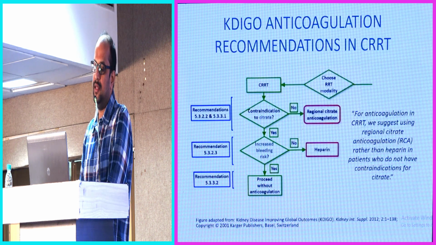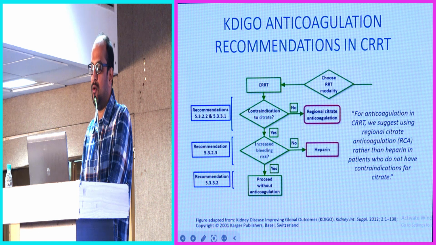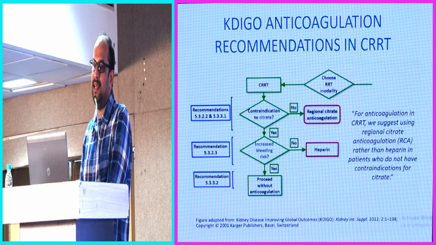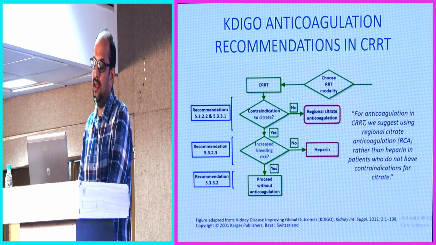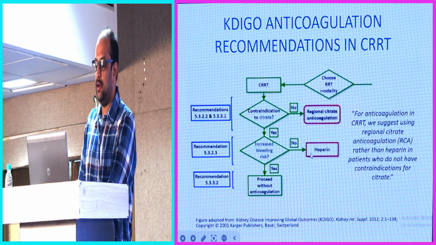So why do we need to discuss all these anticoagulants? What KDIGO recommends is, if the patient is sick and you have chosen CRRT as the renal replacement therapy modality, KDIGO strongly recommends using regional citrate anticoagulation. And if the patient's condition is such that we cannot use regional citrate anticoagulation, then go with heparin, and only if there is no bleeding risk proceed with anticoagulation.